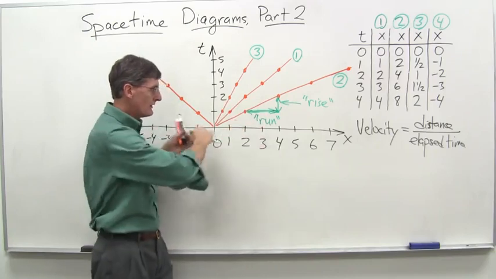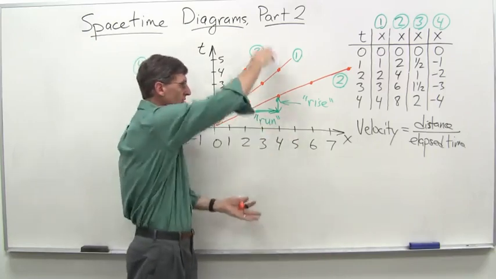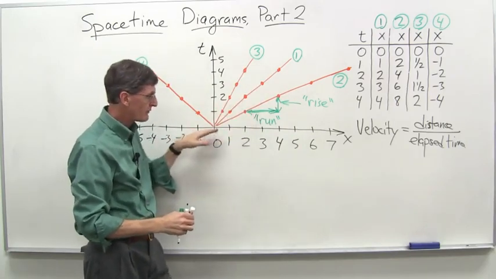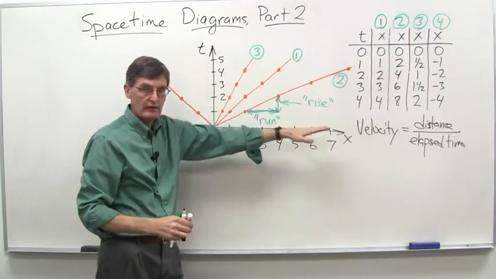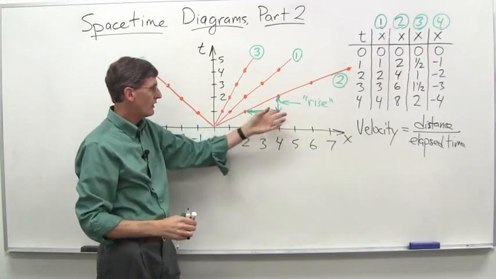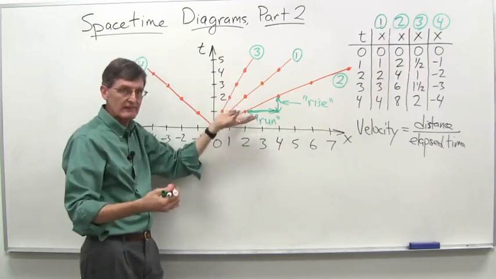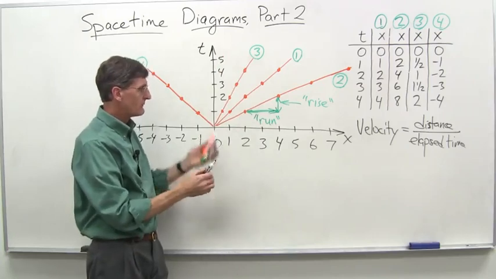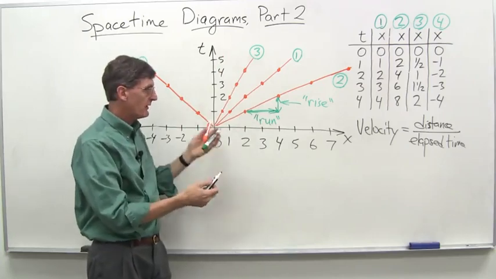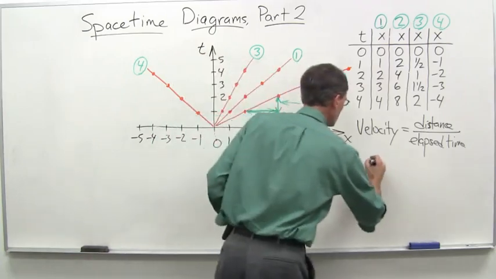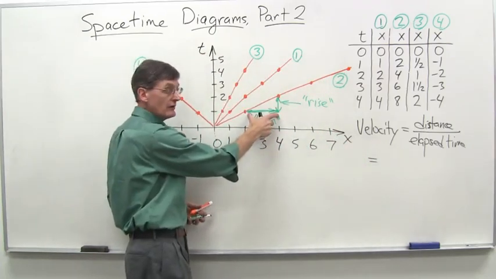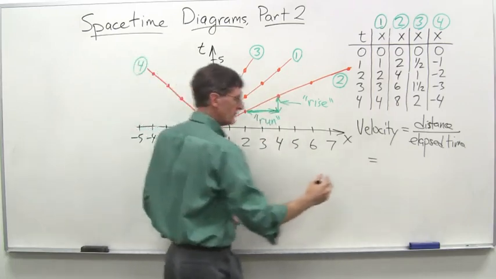Run is a horizontal distance, rise is a vertical distance. Run on our space-time plot represents x distance, how far it's gone along the x-axis. Rise represents, in a sense, time, how much time has elapsed. So on our space-time diagram, remember velocity is distance divided by time, so velocity is run divided by rise.